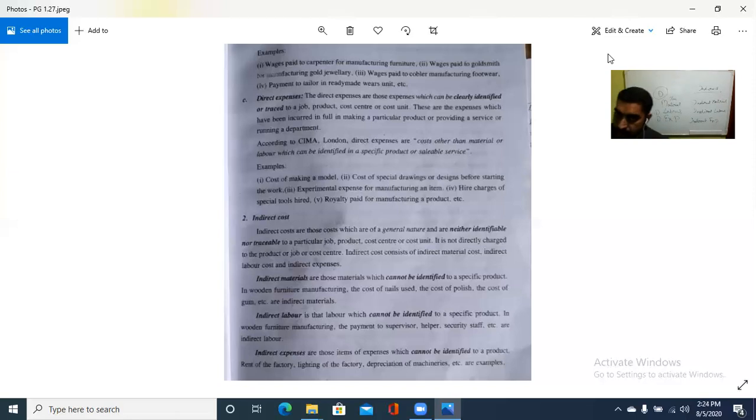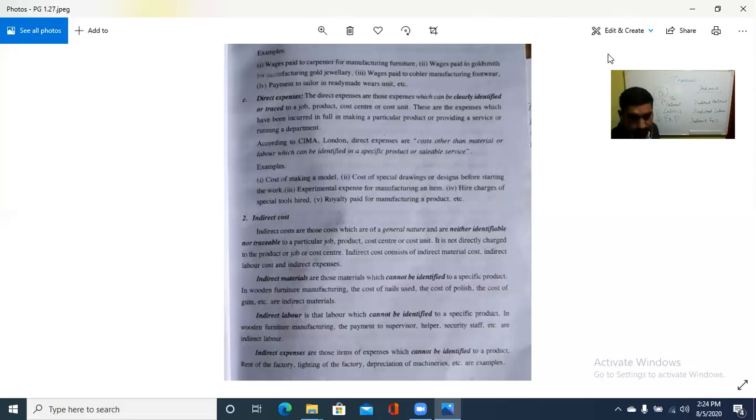So based on the traceability or identifiability, this is the classification. Direct cost: direct material, labor, overheads or direct expenses. While indirect cost: indirect material, indirect labor, indirect expenses.